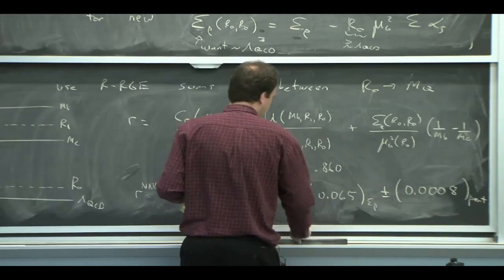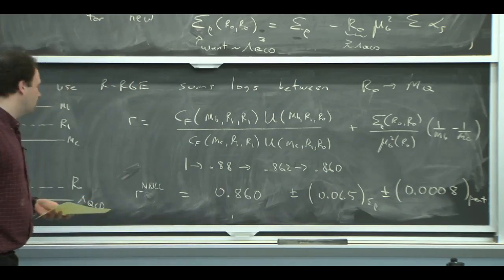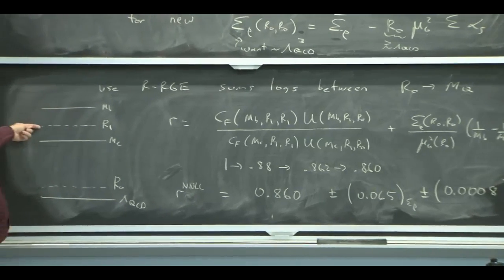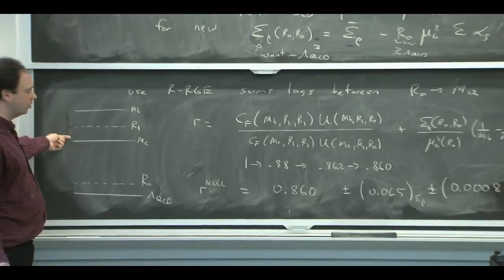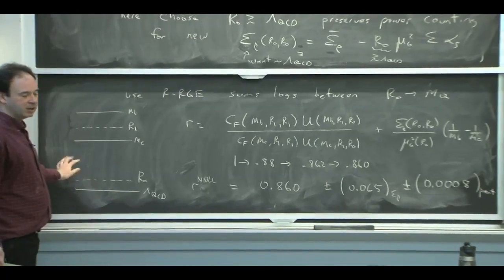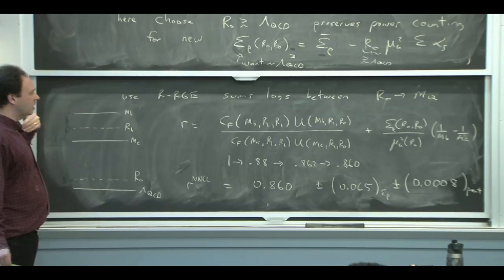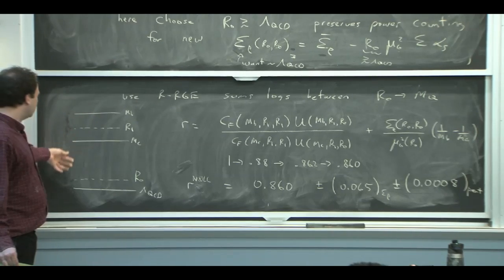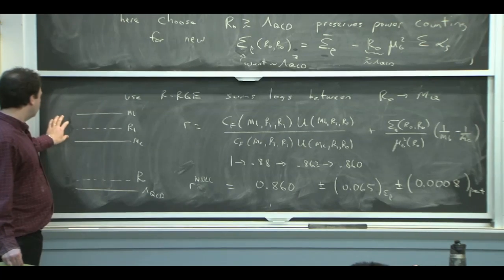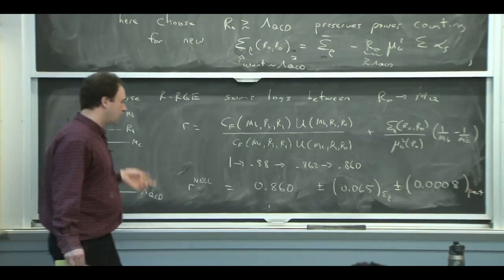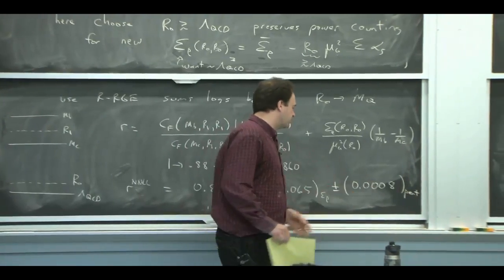So when you want to estimate uncertainties, what you typically do with your cutoffs is you vary them. You say, well, it has to be up here, but I don't have to take it exactly there. I could take it up here, take it a little lower, move this guy around. That gives you some idea of higher order uncertainties because the dependence on these scales cancels out order by order in perturbation theory. And so varying it is a way of getting an idea of higher order uncertainties from perturbation theory.